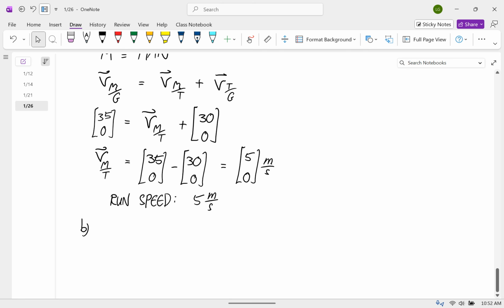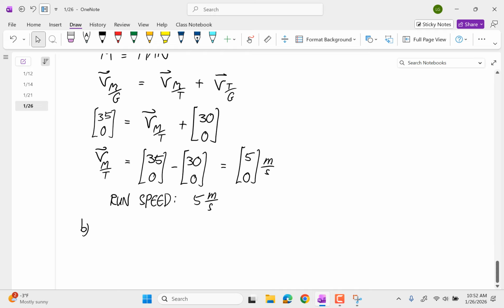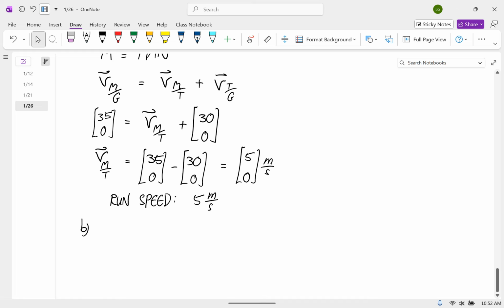And then the direction, which direction, left or right? Right, because of the sign of that vector. So this here is what the train is seeing the man running. Yeah, the speed, so you'll see this a lot in physics problems with swimmers or runners or whatever, the speed of how fast the thing is going is always referring to compared to whatever medium it's in.